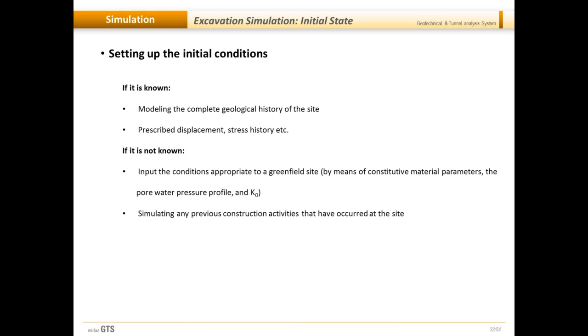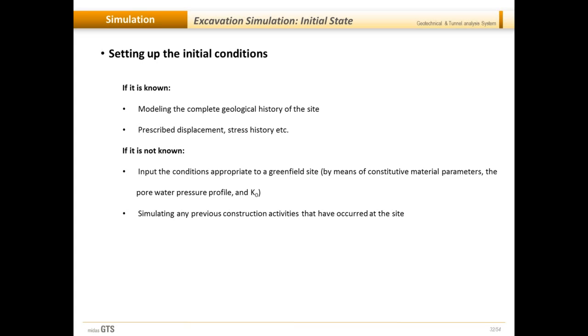So if these are not known, then we have to input conditions that are appropriate to the greenfield site. We have to apply by means of constitutive material parameters, understanding what pore water pressure profiles are like, what the K0 conditions are. We have to simulate what would have happened in the past using these constitutive material models.